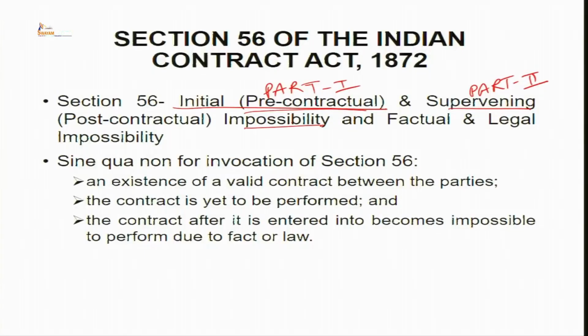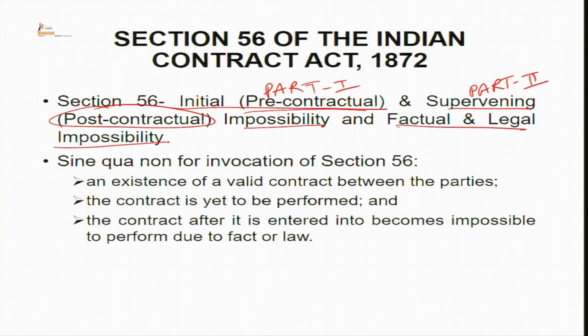That is why this term pre-contractual has been used, because contract has not come into force at all. Supervening impossibility, because it is post-contractual. Contract was made, thereafter the impossibility came into picture. And factual and legal impossibility.